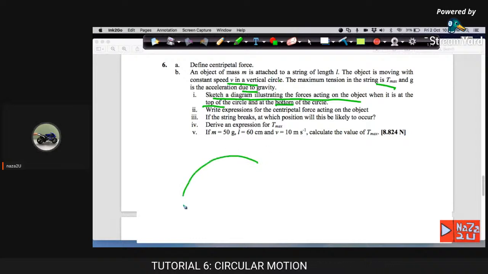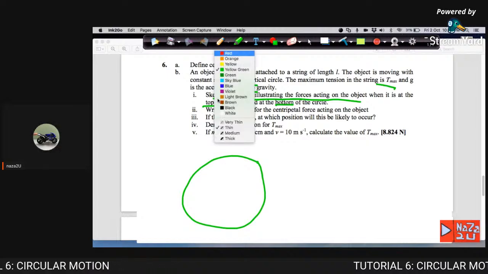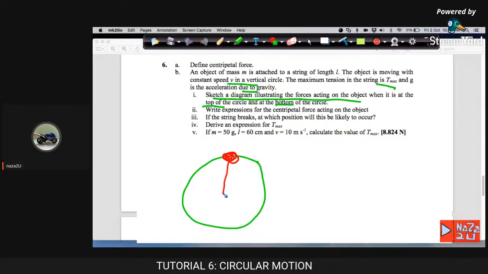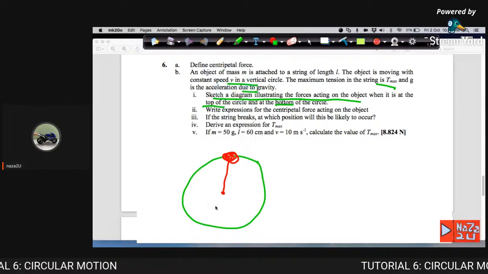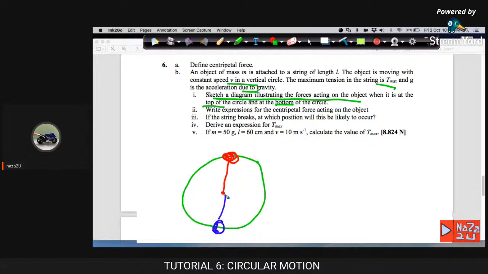So let's say this is the motion of the object, right? So this is at the top, and we have the string. The second part refers to the object at the bottom, and also we have the string.